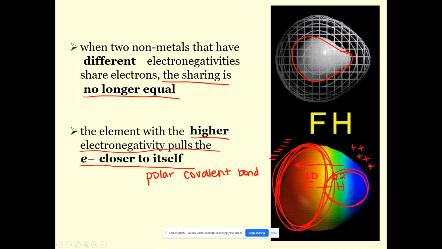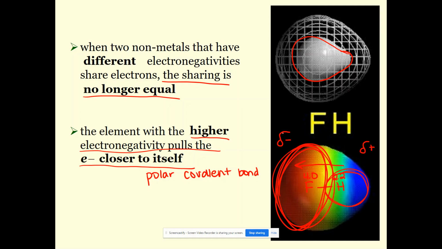Now, saying this negative and positive charge ends is kind of inaccurate, because a negative and a positive end can only form when there's a complete transfer of electrons. So what we say is there is a slight negative charge and a slight positive charge on the two different ends of the bond.